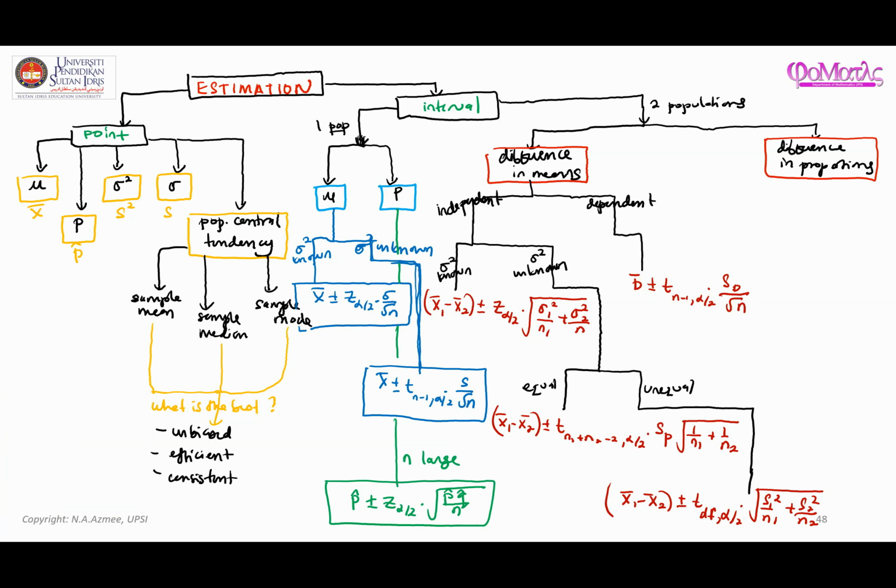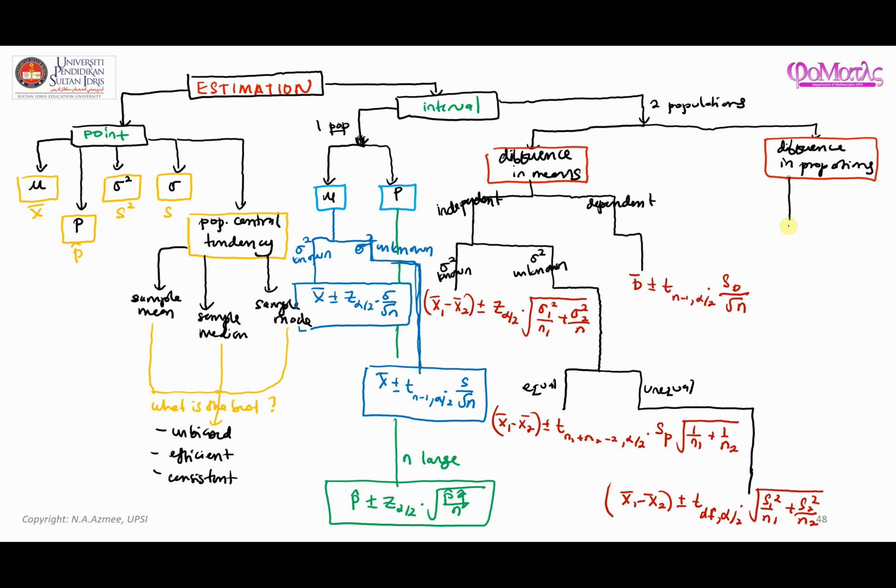Now, next, we might be interested to find, when you have two populations, and if your data is qualitative or dichotomous to be specific, maybe you are interested to find the difference in two proportions.